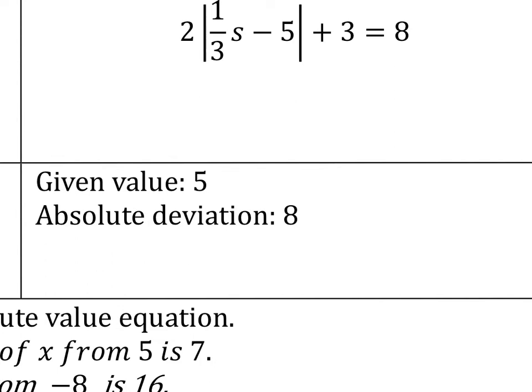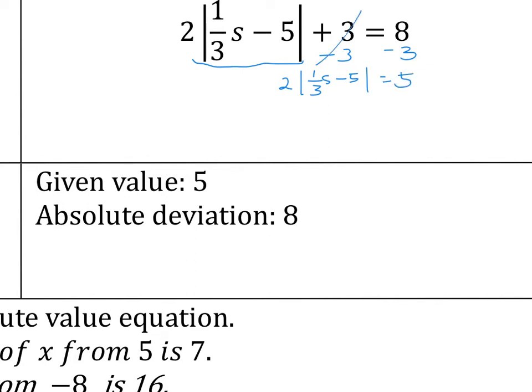Okay, and for this one, I'm going to subtract 3 from both sides. I need to isolate this absolute value of 1/3 s minus 5. So then the next step, I would get absolute value 1/3 s minus 5 equal to 5.